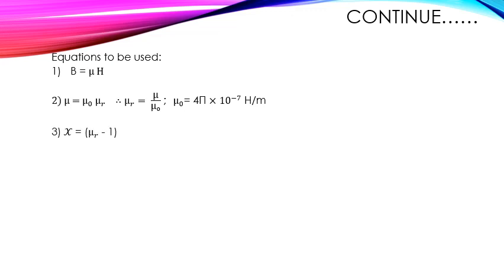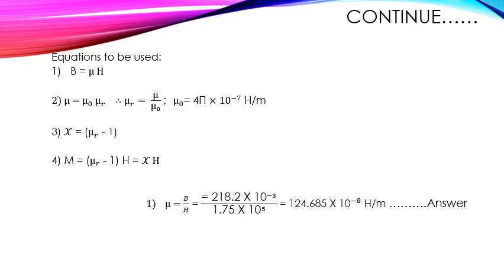Then susceptibility is equal to mu R minus 1, and magnetization M is equal to mu R minus 1 multiplied by H, right? That is the product of susceptibility and field strength.